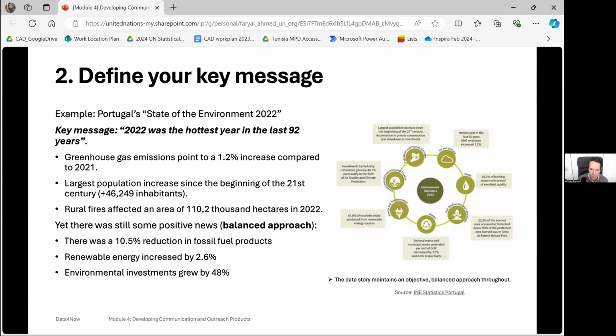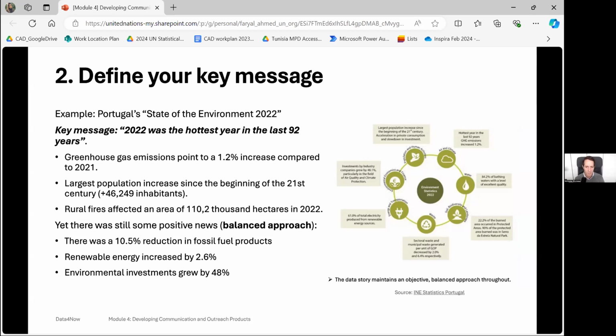So they gathered data to support that key message. Greenhouse gas emissions increased. They also had a large population increase, and also rural fires had a major impact during that year and increased the emissions in the country.